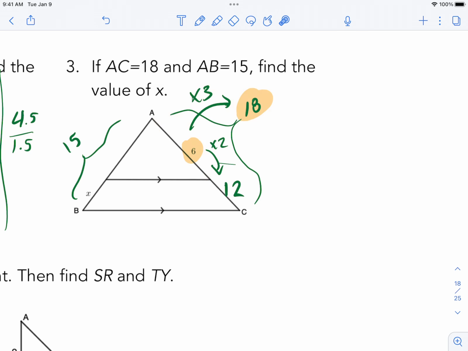So again, because these different parts are proportional and these different sides are proportional, whatever this side length is times 3 would give me 15. So what number times 3 gives me 15? 5. So this is 5 because if I multiply it by 3, that gives me 15. And again, that's the relationship between the smaller side here and the larger side of 18.